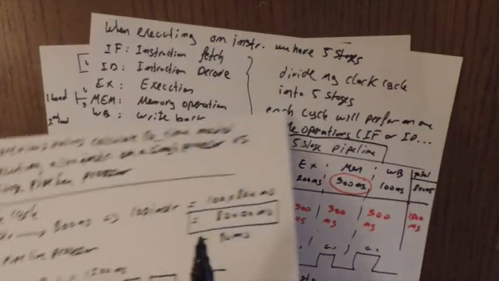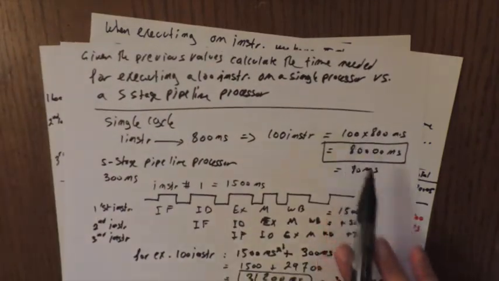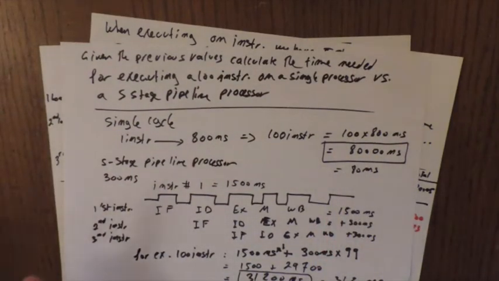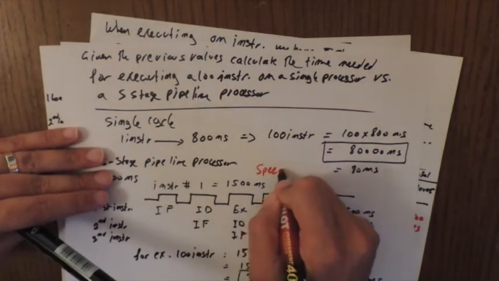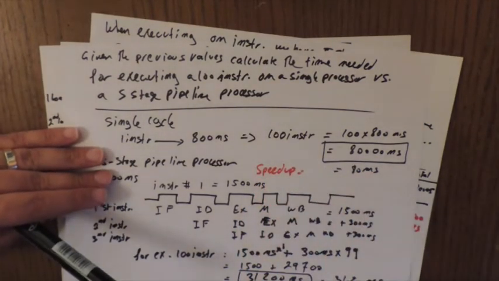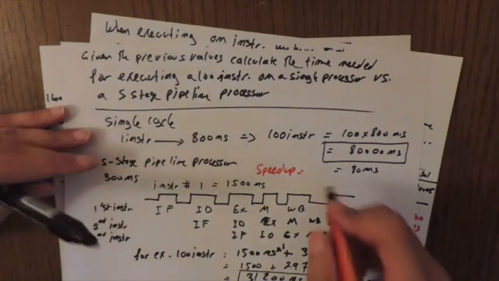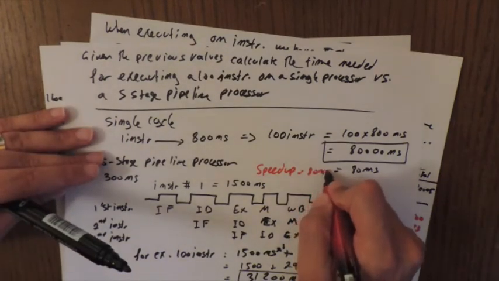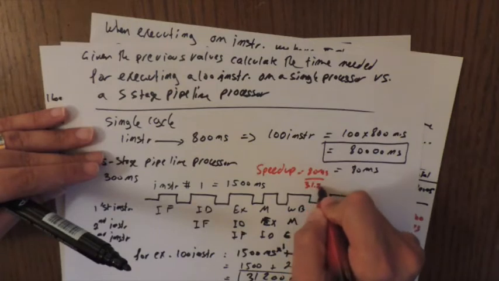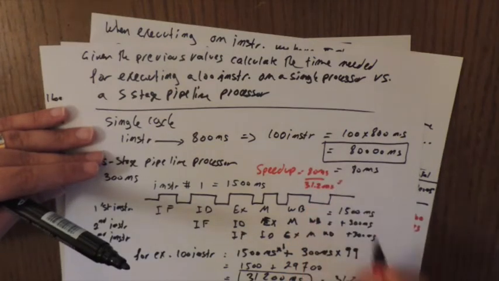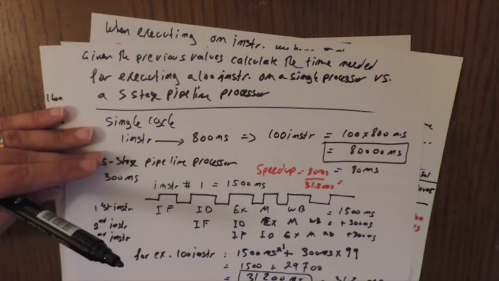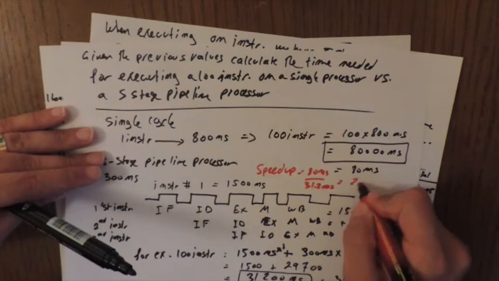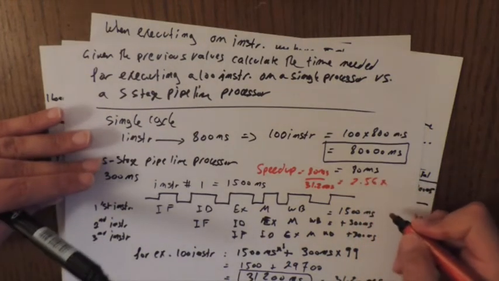And if you want to see the speedup attained here, we can say this is 80 over 31.2, and here we can get the ratio that we calculated, 2.56 times faster.